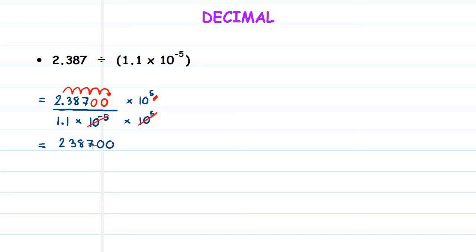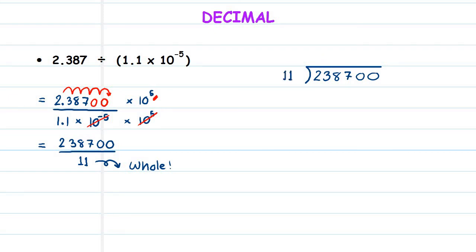Alright. Now we have 23870 over 11. Now 11, which is the lower part, is the whole number. So we're good to go. The next step is to try to divide it normally. Here we have 23870 divided by 11. First, we will get 2. 11 times 2 gonna give us 22. 23 minus 22 will give us 1.